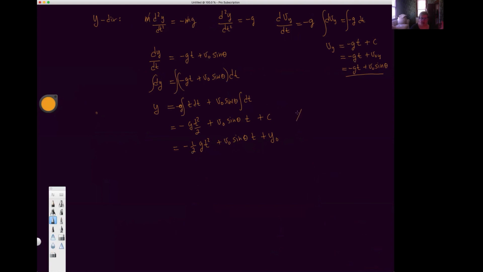This was y, and remember x was V0 cosine of theta times t plus x naught. And then for z, that's going to be exactly the same as the solution for x. So z is equal to the initial velocity in the z direction times t plus initial z.